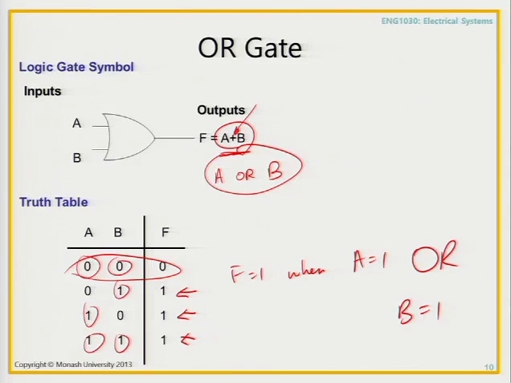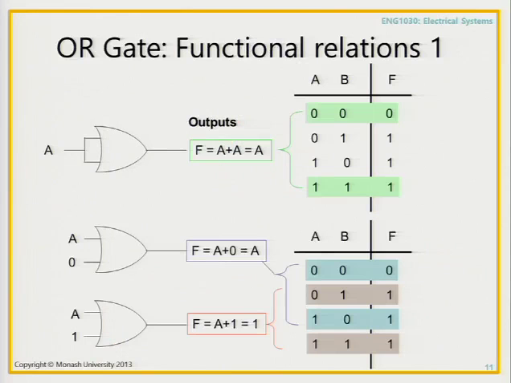Okay. So similar to the AND gate, there are some shortcuts. If you put A into both input terminals of an OR gate, you will get out A. So whatever A is, if it's 0 or 1, the output will be the same value as what you put in.